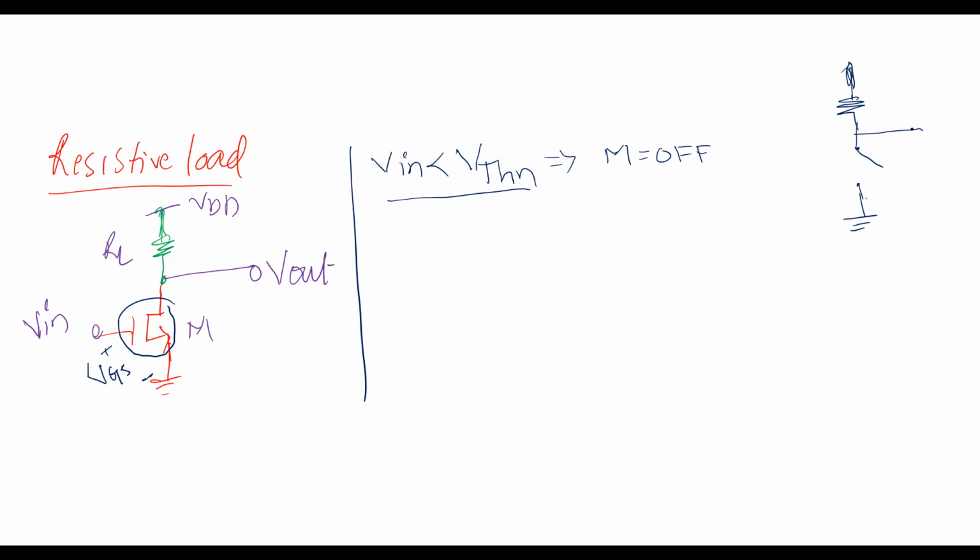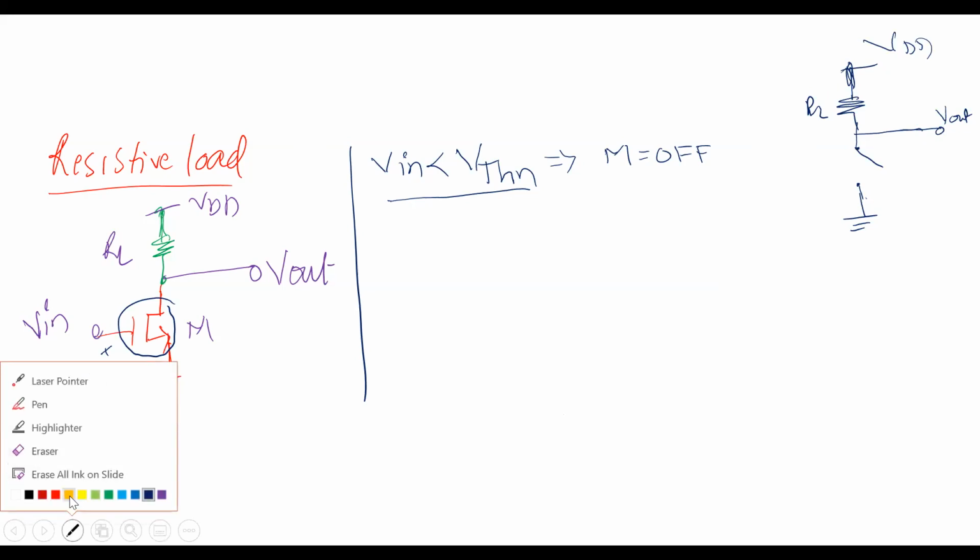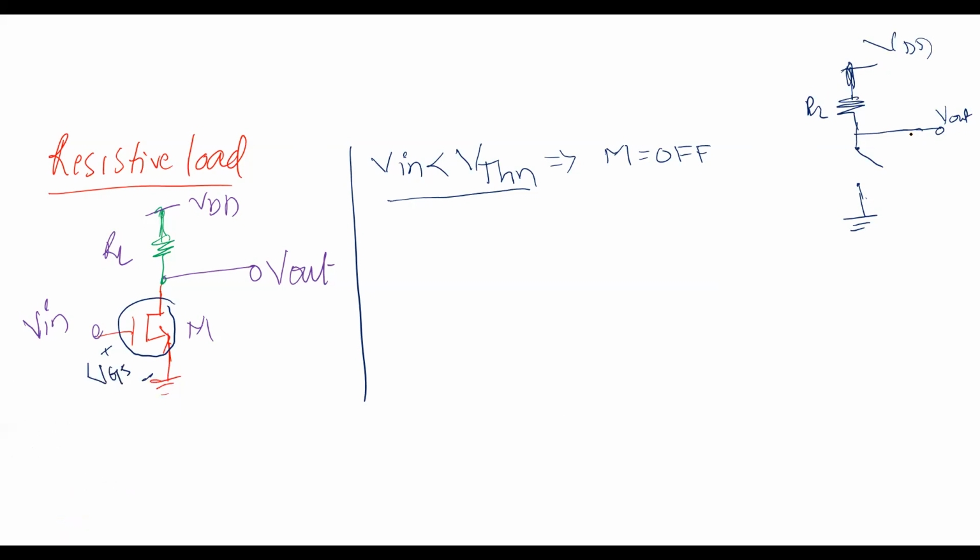Here you collect the output Vout. This is the VDD supply, and this is the RL load. You are collecting the output here. As I told you, some capacitor should be there. That is a load capacitor. We need to connect it here.